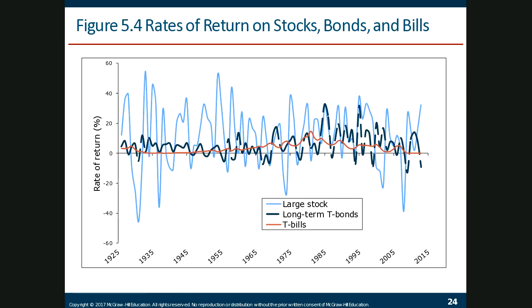If you look at the figure, it will look a lot clearer. The large stock fluctuates a lot. The long-term T-bonds fluctuate not as much, but over this whole area, it's almost the same as the large stocks. And the T-bills are a lot quieter.